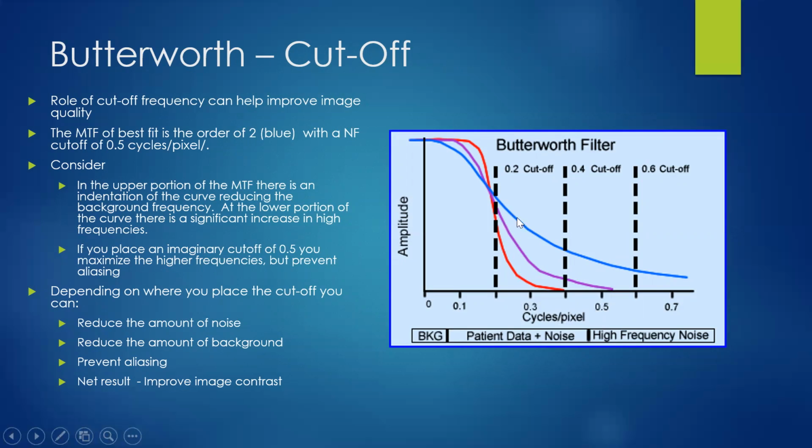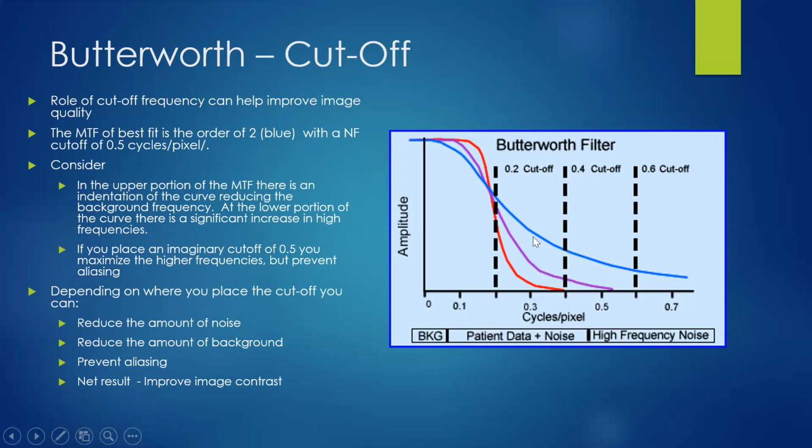If I use an order of 2 in the process, all the smaller objects in here are actually getting visualized, but I'm chopping it off at 0.5 cycles per pixel. Whereas if I do the red one, which is an order of 8, look at all the data that I'm missing. I'm stopping this off. It ends down here somewhere, maybe just before it gets to 4. So I don't want to do that.